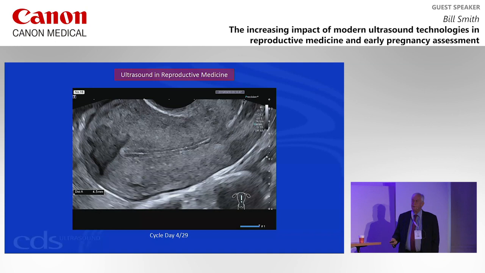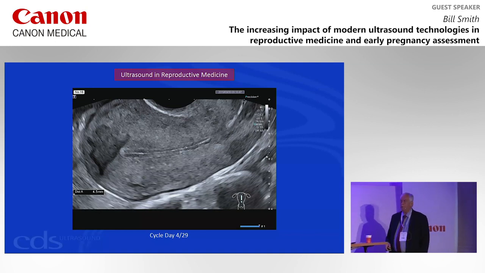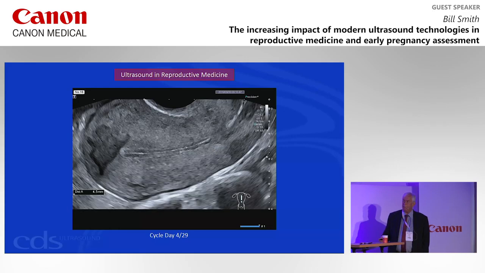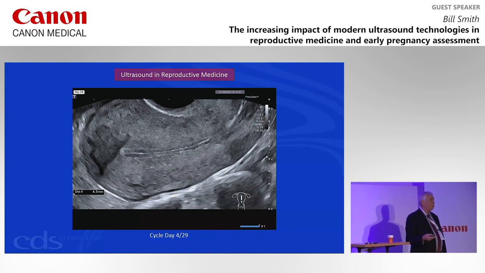So if we look at those images a bit more closely, this is our endometrial appearance early on in the cycle. Think in terms of follicular phase and periovulatory phase, rather than secretory and proliferative phases. Even at this early stage, we should see echoes within the endometrium.